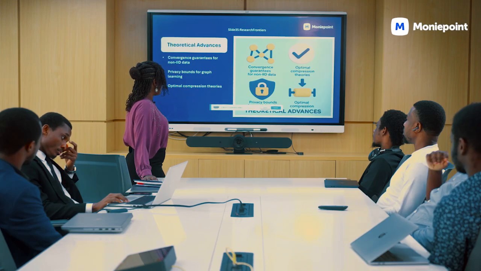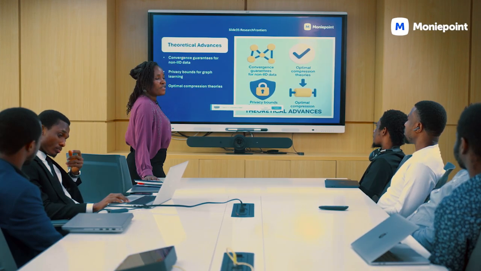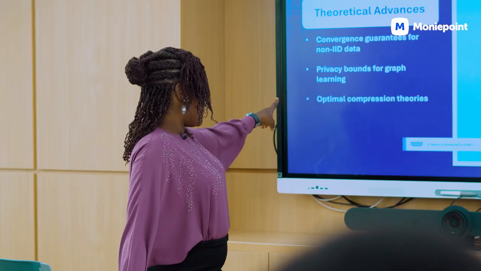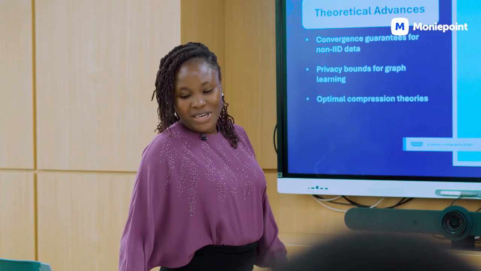Then open challenges and opportunities. Another issue that we had with federated learning was convergence guarantee for non-IID data. One of the challenges with federated learning is that we have non-independent and identically distributed data when it comes to federation. When you train a model on that type of data, it is slower and it might not even reach convergence.